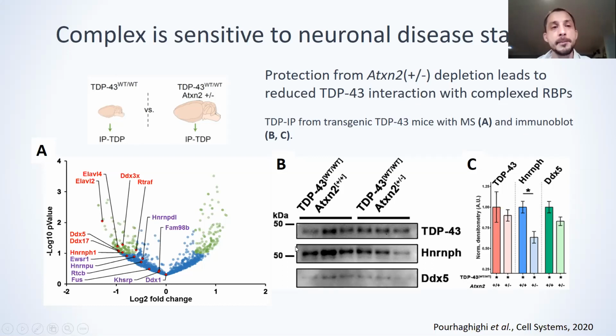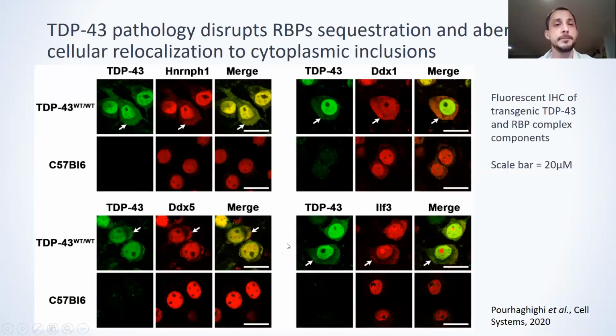So the TDP pathology in those TDP transgenic mice also disrupts the distribution of RBPs in that complex. Here we're performing fluorescent immunohistochemistry of the transgenic TDP43 in the transgenic mice and in the wild type mice. And you can see that in affected neurons, you get redistribution of human TDP into the cytoplasm.